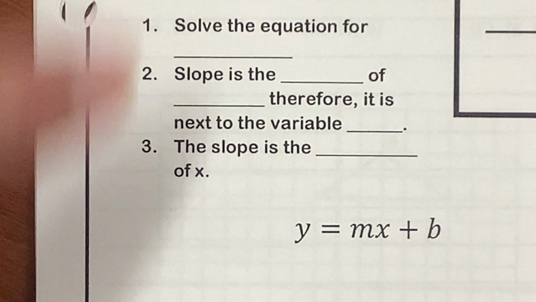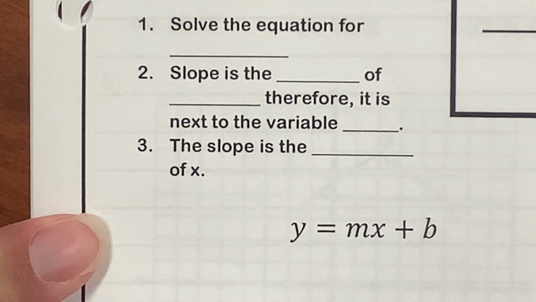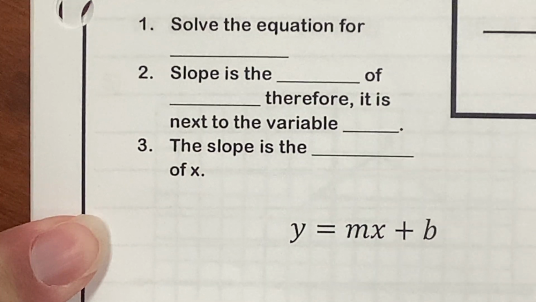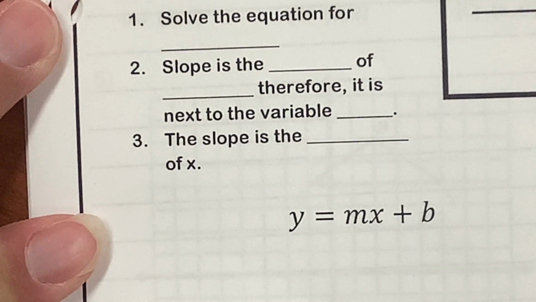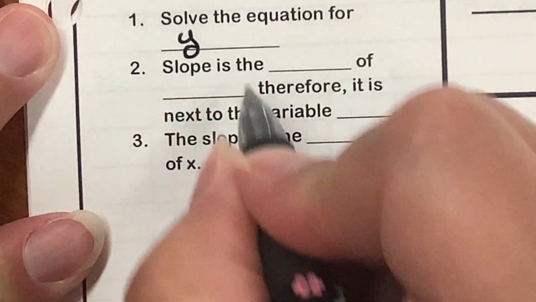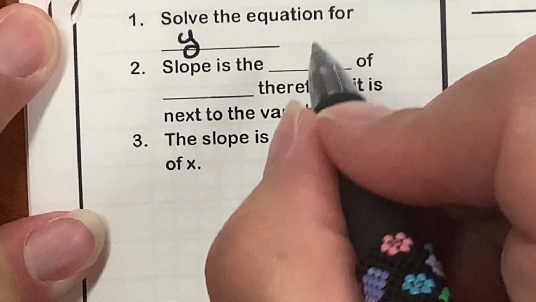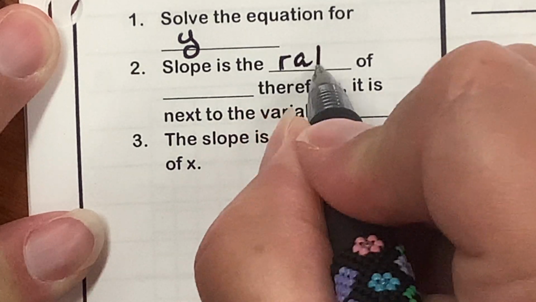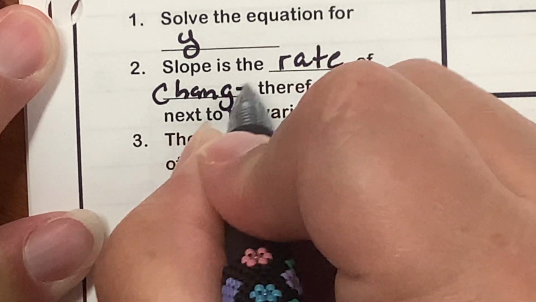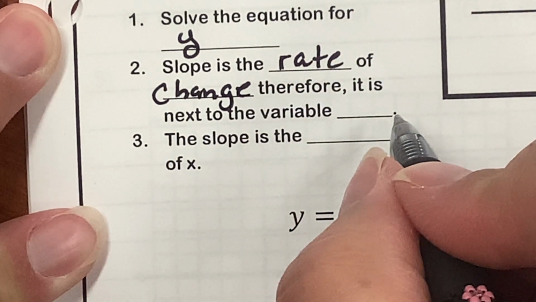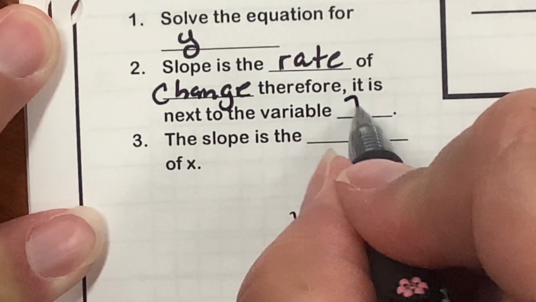All right, now solve for an equation. So first you have to get the equation. You have to solve for y. The slope is the rate of change. Therefore, it is next to the variable x.